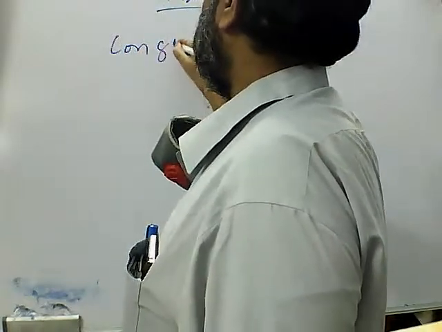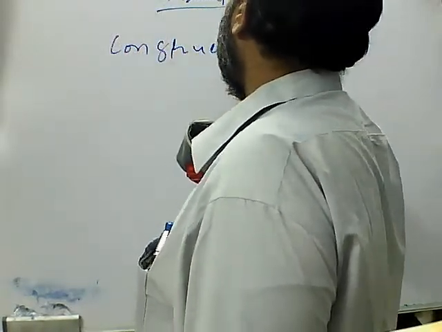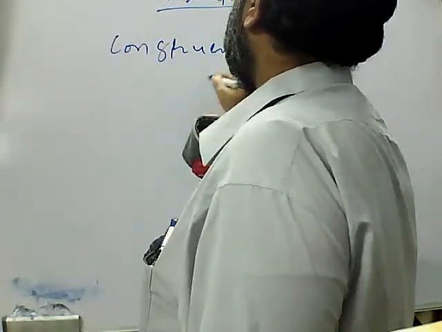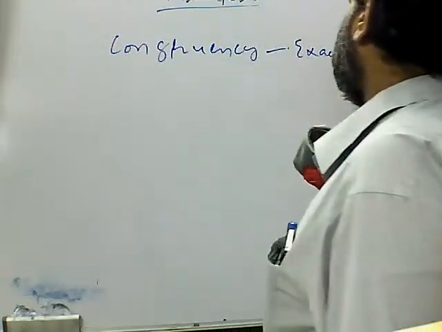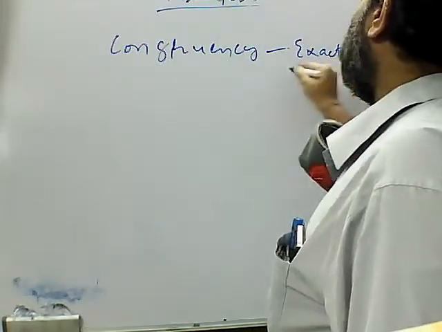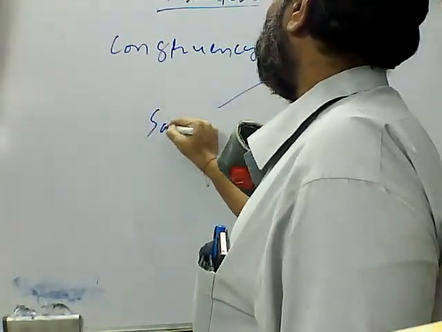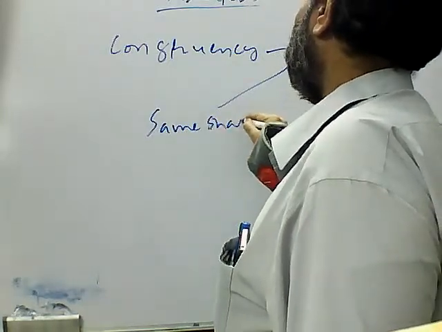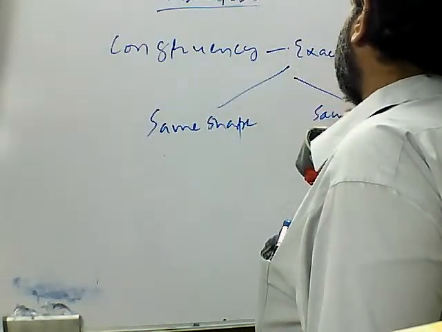They are called congruent. Congruence, this is the word. Exactness. Exactness means it comes under two parts: same shape and same size.